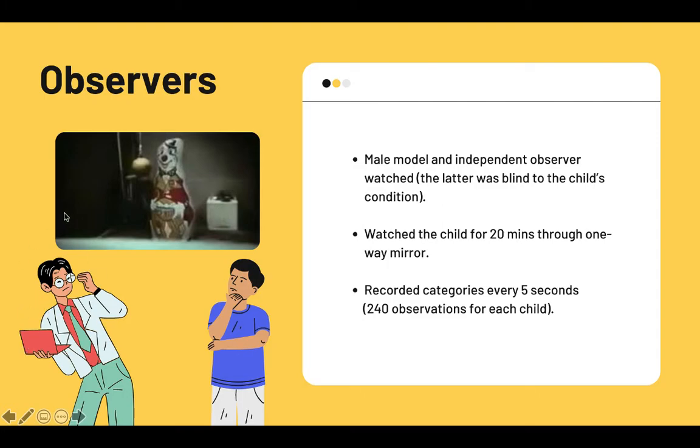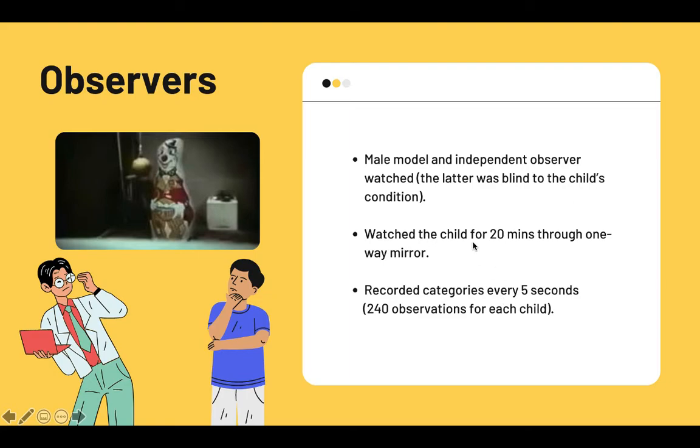If he knew that this child was exposed to an aggressive model in room 1, his view might be biased. So anything that the child does might seem aggressive to him because he knew that the child was exposed to an aggressive model. Okay, so it's good that he did not know what the child's condition was.